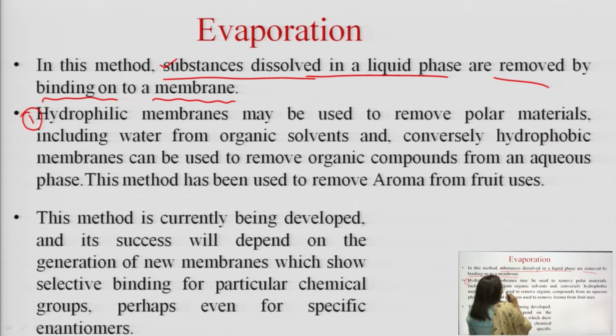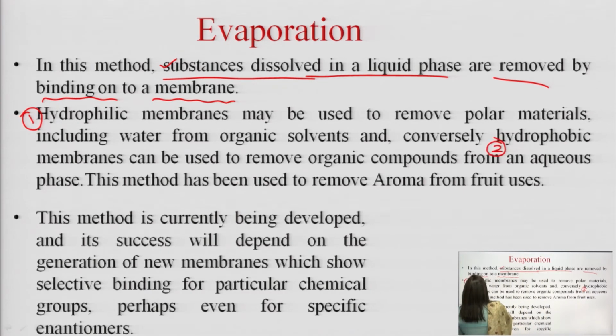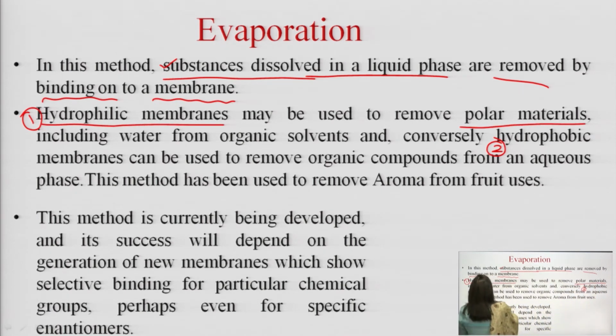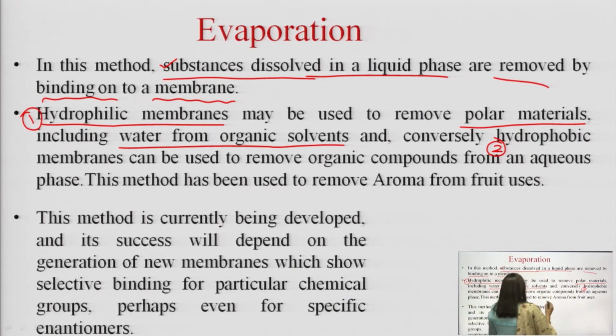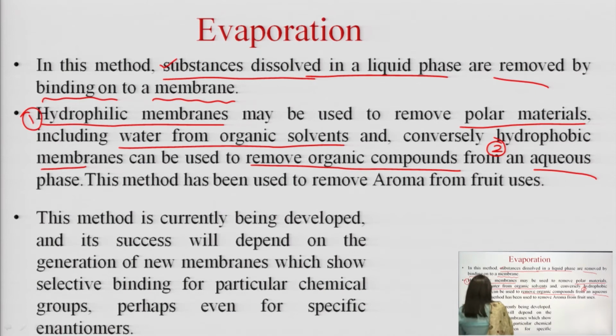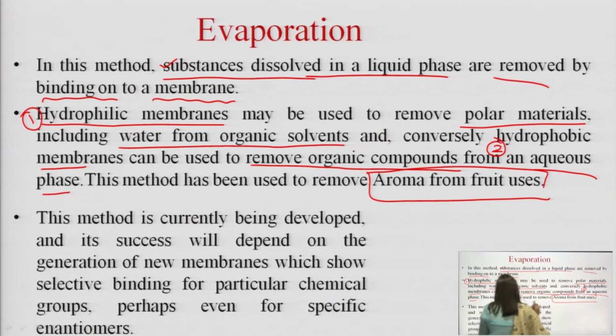One is hydrophilic and another one is hydrophobic membrane. The hydrophilic membranes may be used to remove polar materials including water from organic solvents. Conversely, hydrophobic membranes can be used to remove organic compounds from an aqueous phase. This method has been used to remove aroma from fruit juices.